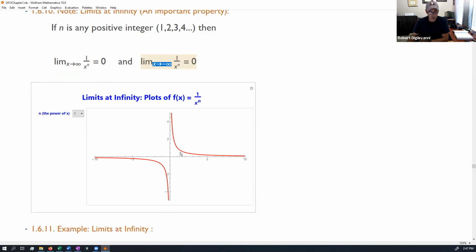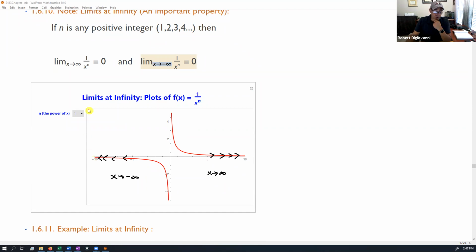And you can see it from the picture here. This is what we're looking at right now, 1 over x. Do you all see that as we go to the right, as x goes to positive infinity, the function is approaching 0 asymptotically? It's getting closer and closer. And as x goes to negative infinity out the left, again, it's approaching 0. Now they're negative numbers, tiny little negative numbers, but they are approaching 0.